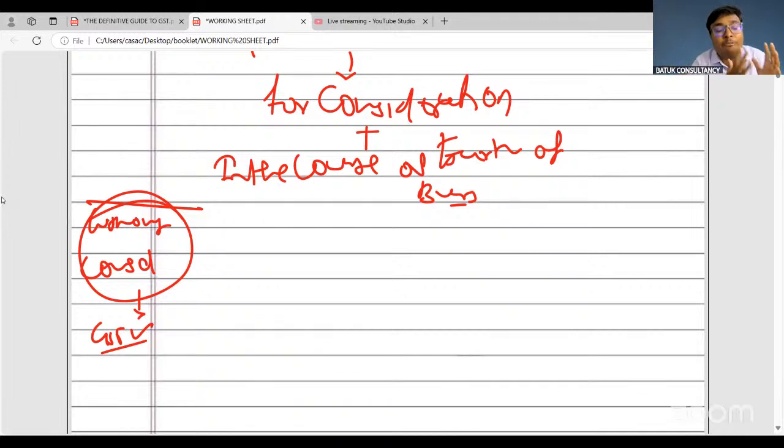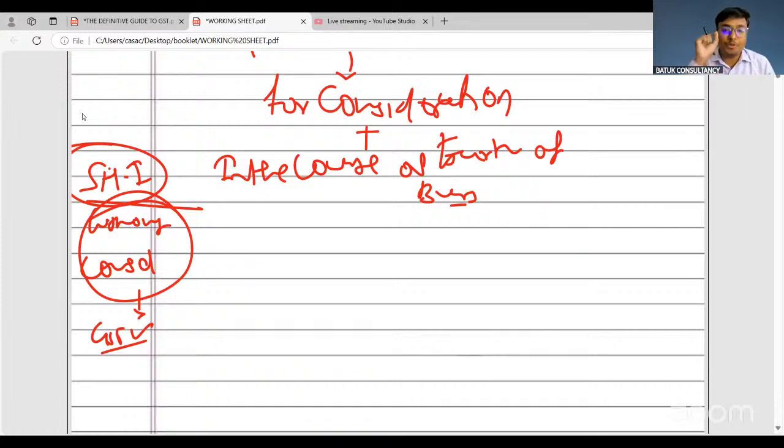For that purpose, they have prepared the schedule and given the number, that is Schedule 1, and in that Schedule 1 they have prescribed certain activities or transactions which are not for a consideration but in the course or furtherance of business, and the same will be treated as supply.